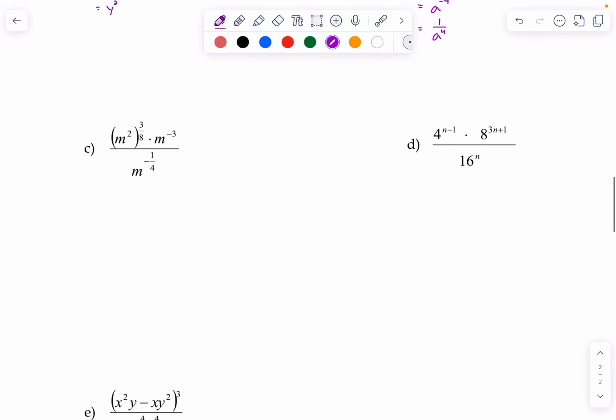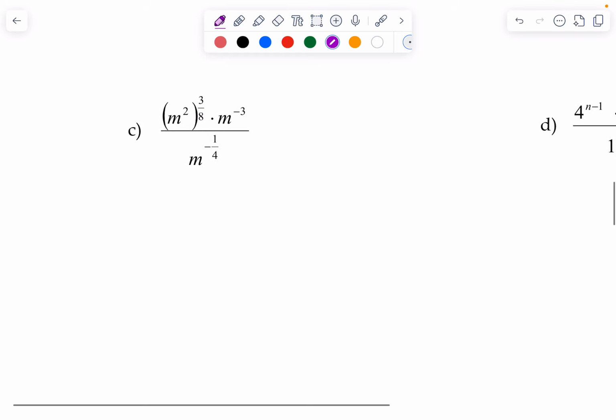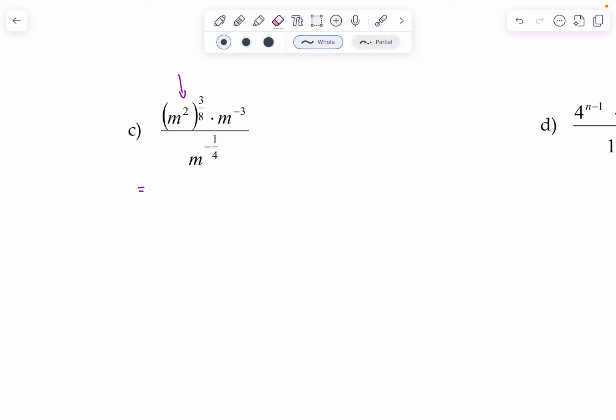C. We have m squared put to the power of 3 over 8, multiplying m to the negative 3, all divided by m to the negative 4. So what I am going to do is I am going to simplify this bracket first. So I have m squared being put to the power of 3/8.